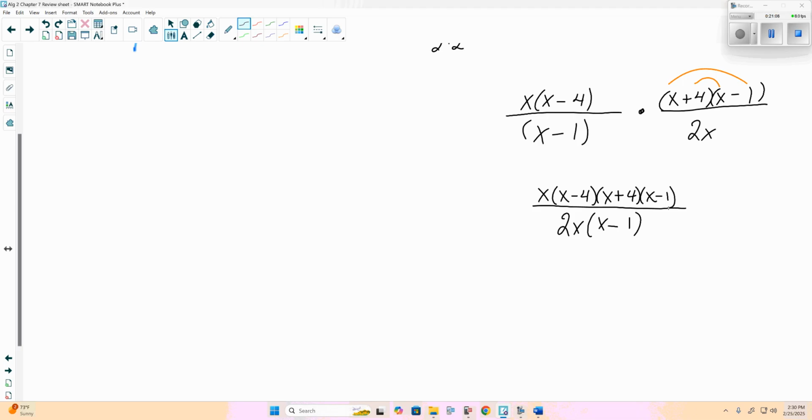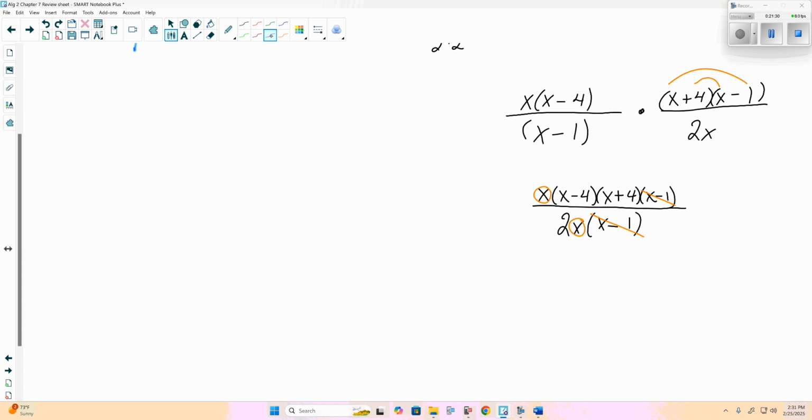What's in common on top and bottom? X minus 1. Anything else? The x. Because the x's are outside the parentheses, they're being multiplied with everything. There's nothing that's adding with the 2x or the x by itself on top. We can simplify those out.